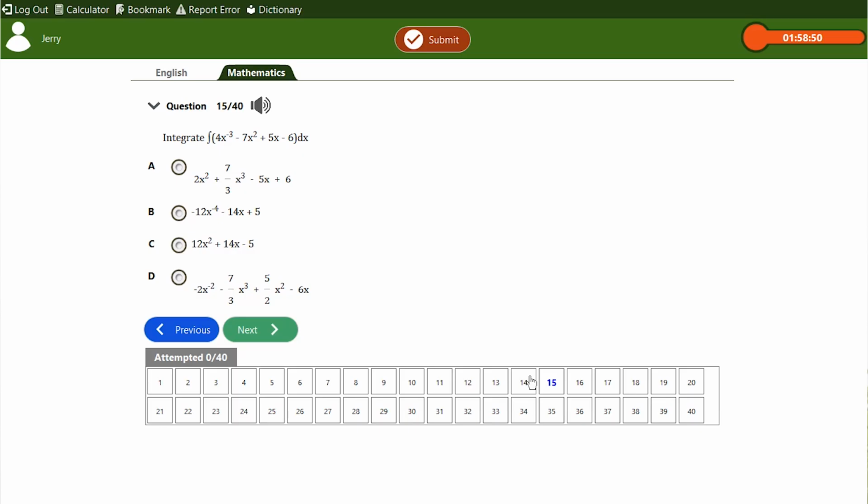Integrate the integral of 4s cubed minus 7s squared plus 5x minus 6, all ds.